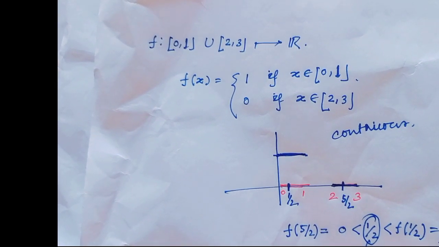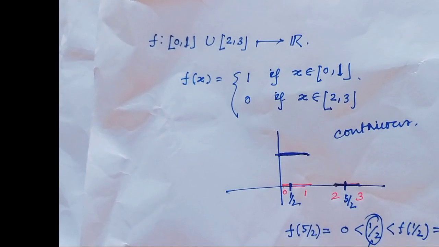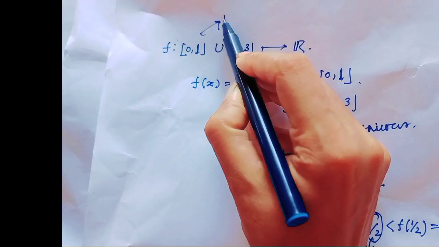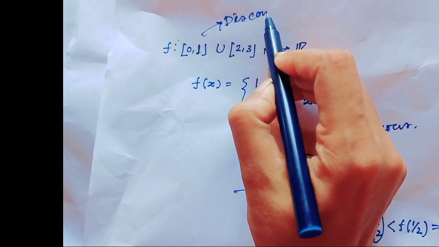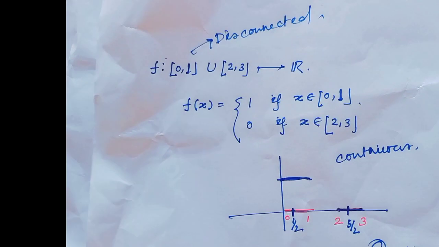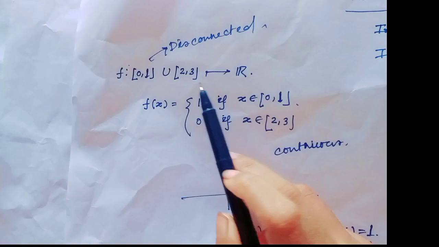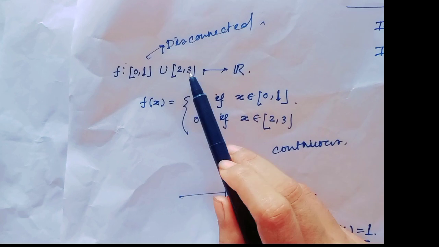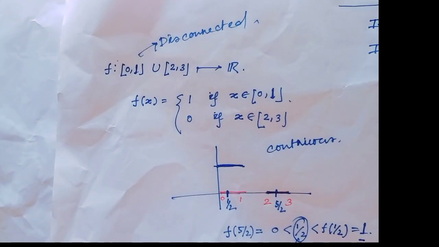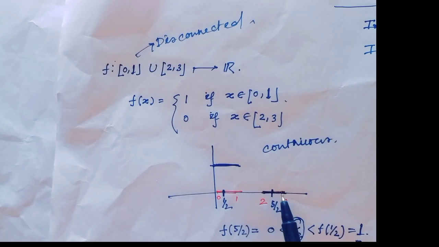and it does not satisfy the intermediate value theorem because here the domain is disconnected. So for functions of several variables, these two intervals are disconnected because they are disjoint. [0, 1] and [2, 3] are disjoint.